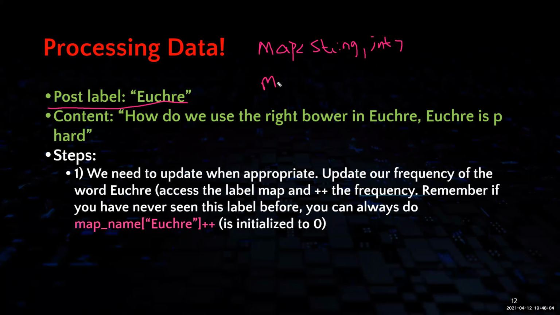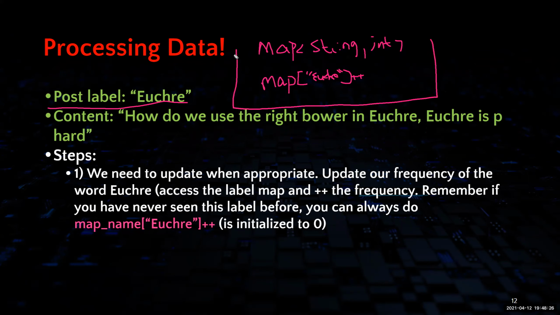And you go ahead and say, okay, I'm going to reflect the fact that I've seen this post euchre. So I'd say euchre, and I'd say plus plus. This is basically us just saying, I have seen the post euchre, and I'm going to say this occurs in one more training post.